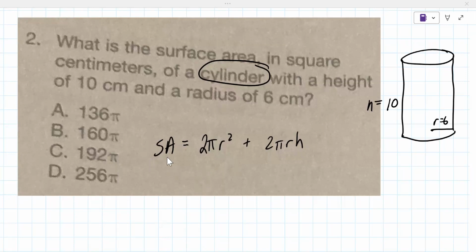Okay, well, SA is surface area, R is the radius, and H is the height. So pi, we've talked about pi before. Pi is a number, but sometimes you just leave it as pi.